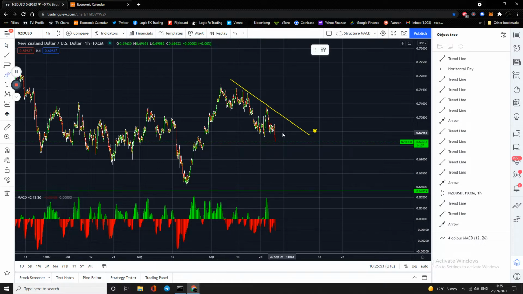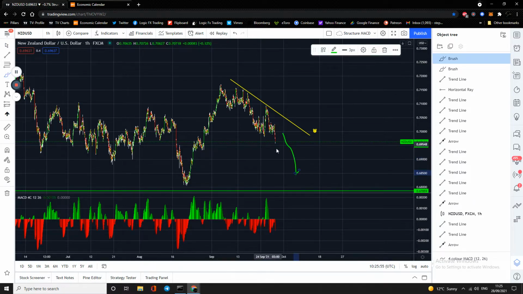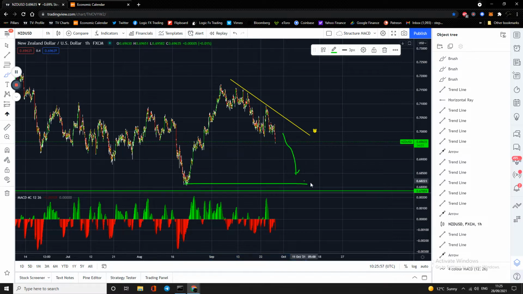So maybe there's more downside in this, but yet again, is that a place to get involved? If it's going to run to there, remember it can run beyond, but just my point of view, an individual trade, if you got a nice little pullback, maybe. I don't know that we're going to get the pullback, but guys.